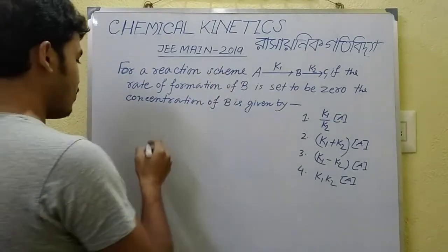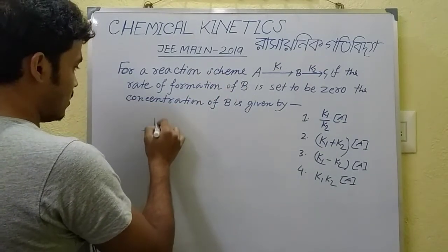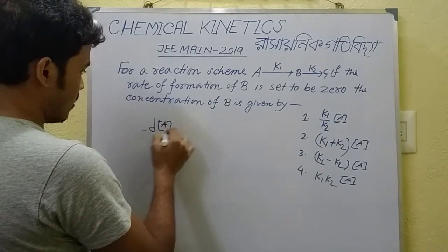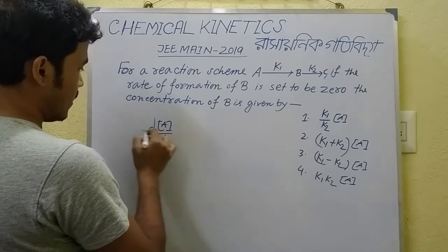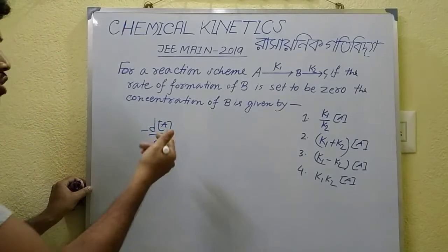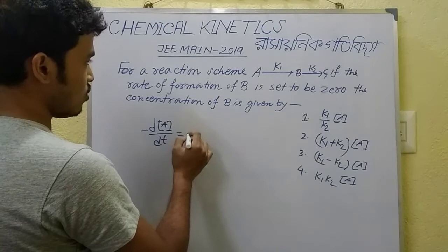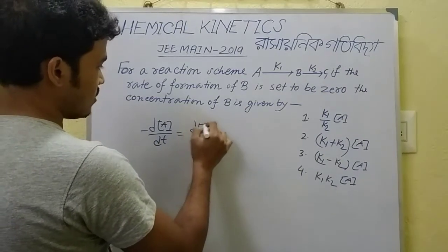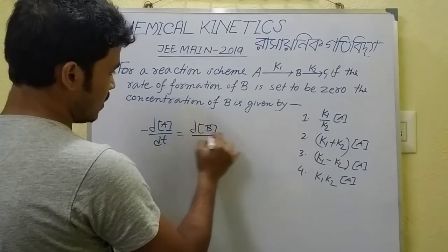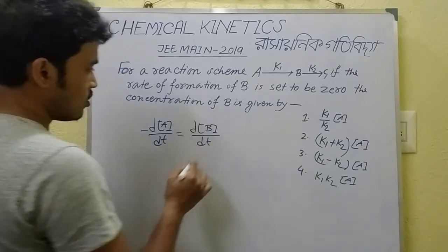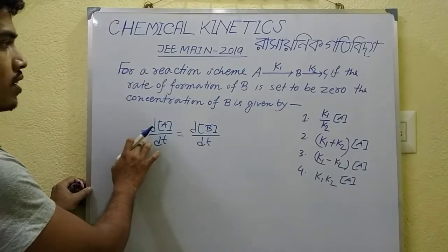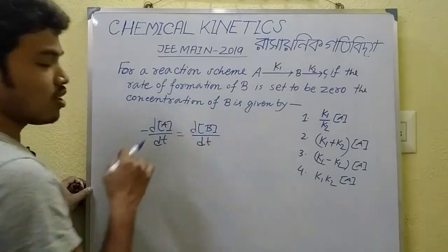Minus d concentration of A by dt, that is the disappearance of A, is equal to d concentration of B by dt. So disappearance of A is equal to formation of B.